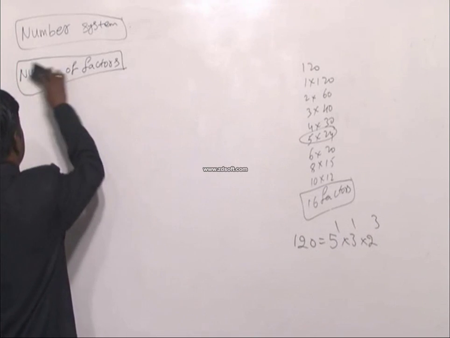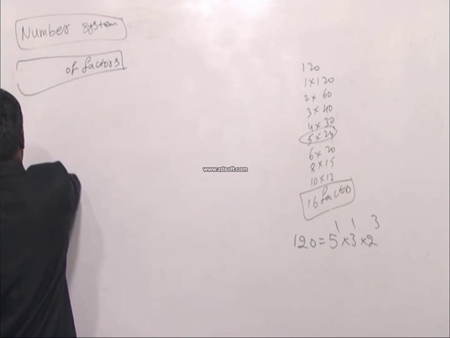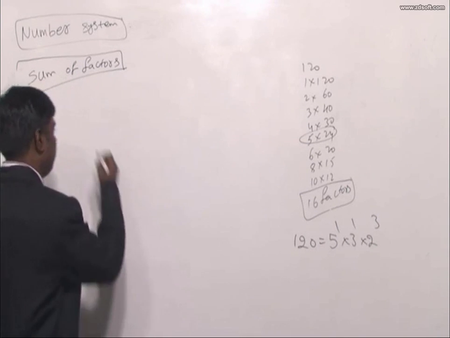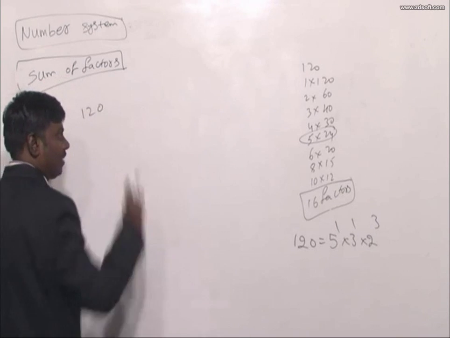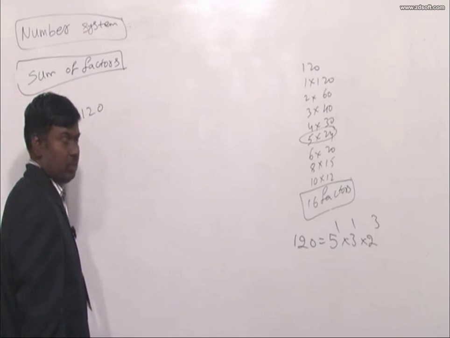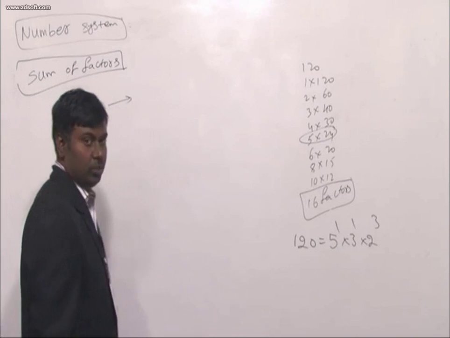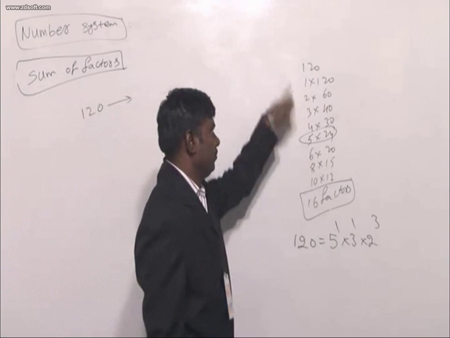Let us consider sum of factors. So you want to know what is the sum of factors of 120. Which is very simple. Add all the 16 factors.